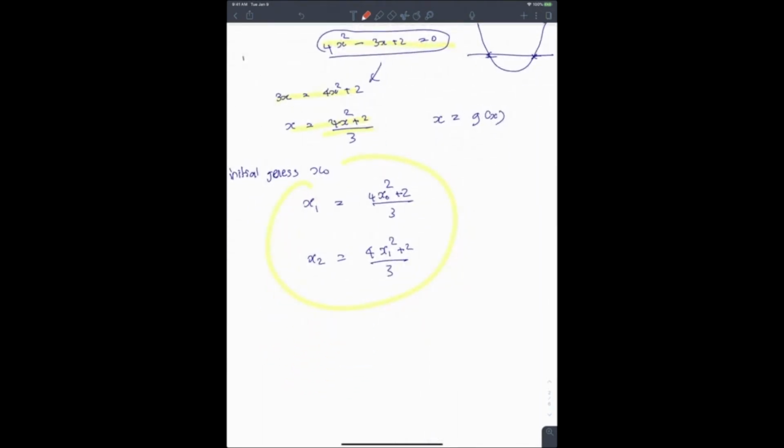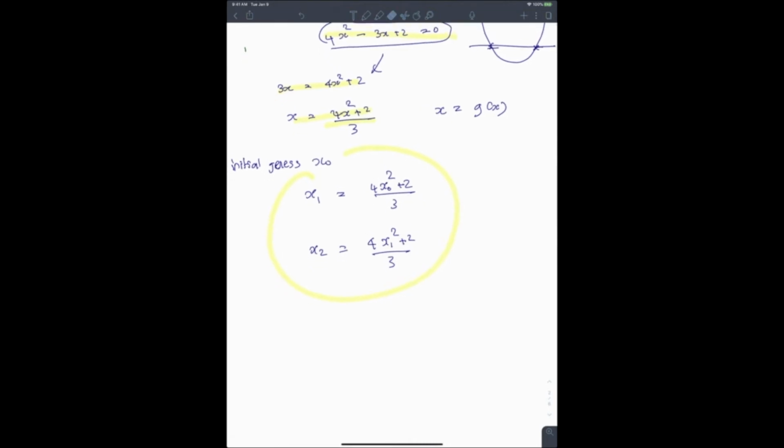I wrote it this way, but I can also write it another way: 3x minus 2 is 4x squared. From this I can write x is (3x minus 2) over 4, which is also in x is equal to g(x) form.